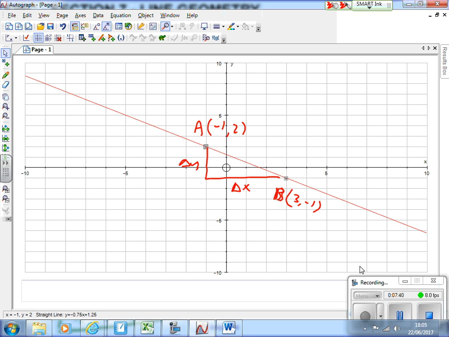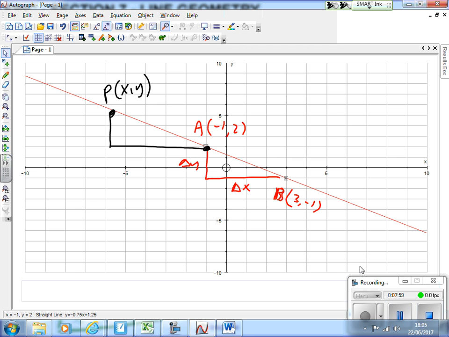Now, that gradient is going to be the same everywhere, isn't it? It's a straight line, so the gradient's constant. So I could take a general point, (x, y), and compare it with anywhere. The gradient will always be the same.